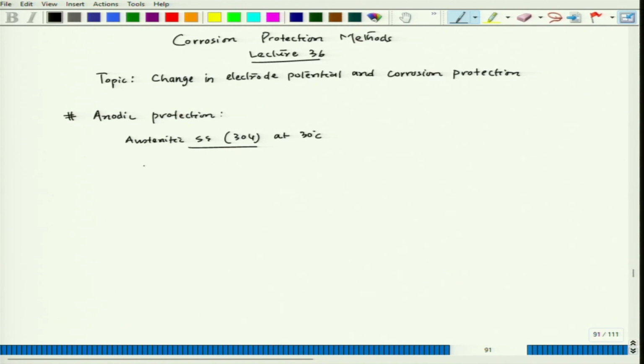So, let us say this is the solution or electrolyte, and let us say the corrosion rate here.